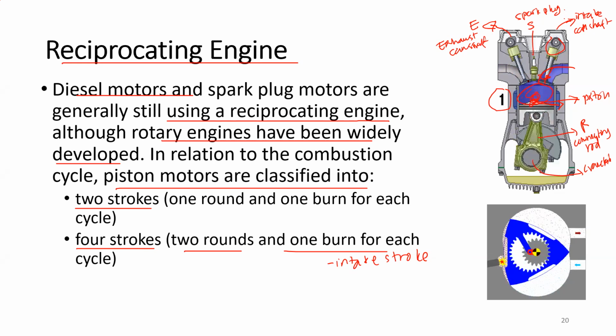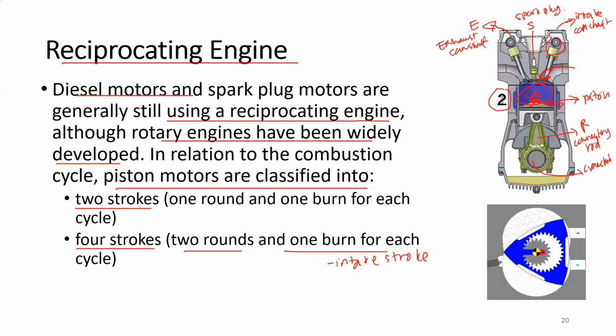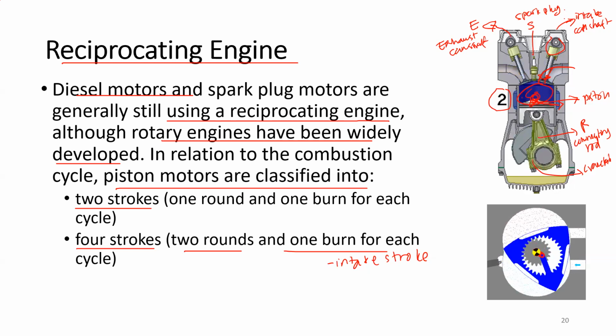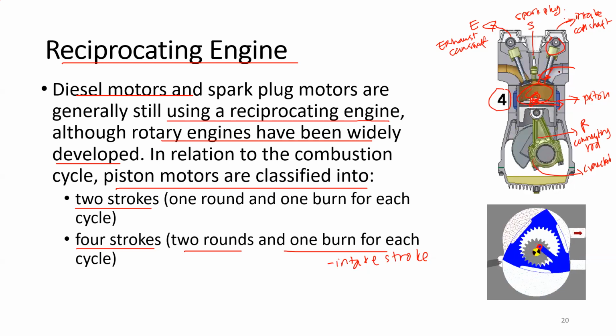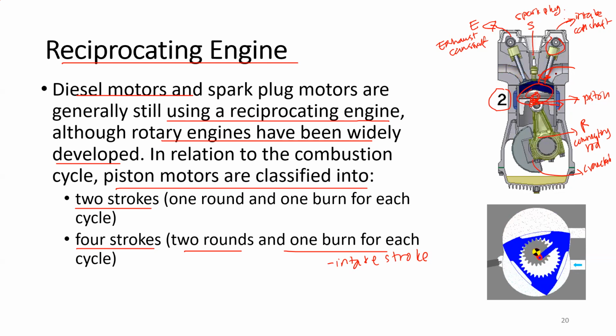Followed by the second step, we call it the compression stroke. As the engine continues to rotate, the intake valve will be closed. You can see it from here, denoted by the blue and gray colors. Blue means open, while gray is closed.